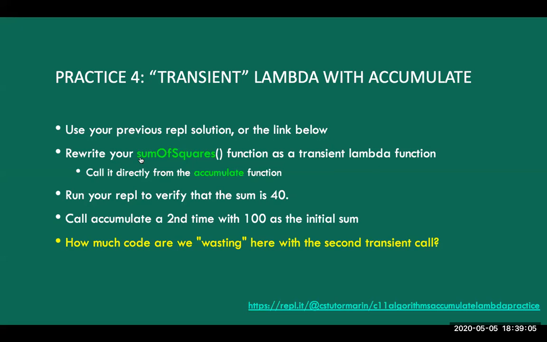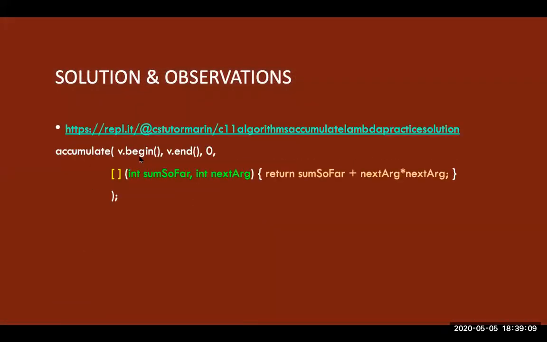So let's look at the code just so we can wrap that one up, right? Pretty straightforward. There's our lambda, all buried inside of the parentheses for our accumulate as the fourth argument. Start with 0. Take what is going to be the sum so far, which on the first call will be that 0, and the ith argument that you're given, and then we return the product plus the sum so far, okay?